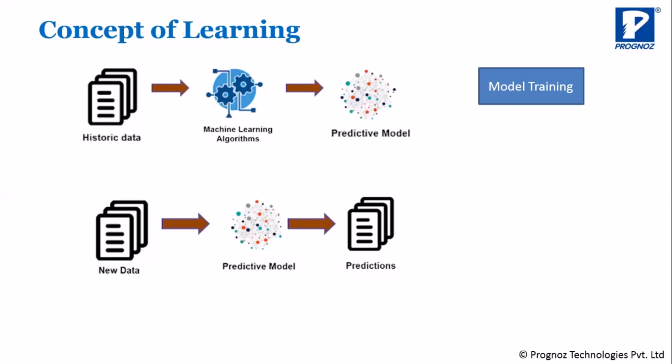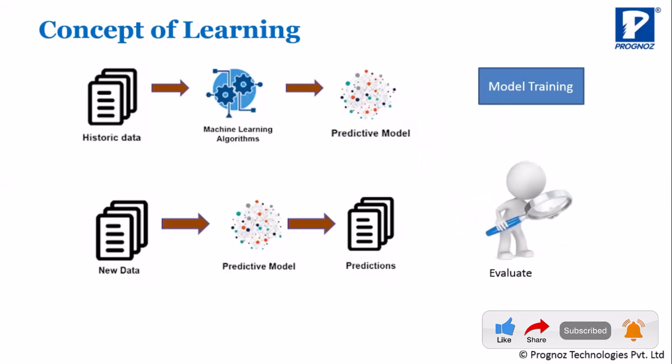As I said, if I give the wrong answer to my teacher, she is going to tell me, okay, this is the wrong answer. You have not understood the concept properly. So let me give you some more examples so that you understand the concept better. Same thing is applicable to the machine. If the prediction is correct, we'll say, yes, the model is good enough. If the prediction is wrong, we need to retrain the model. This process, we call evaluating the model. We are testing the accuracy of the model.